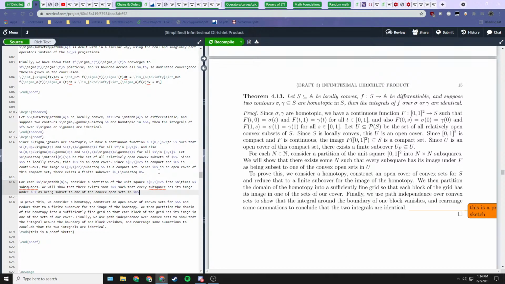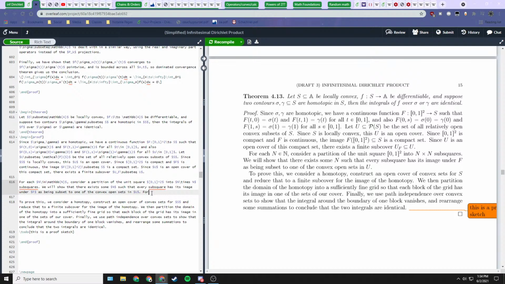So we're going to partition the square into n by n subsquares and show that there is some n such that every subsquare has its image as being a subset of one of these convex open sets. So to do this, let's see. Let me think.